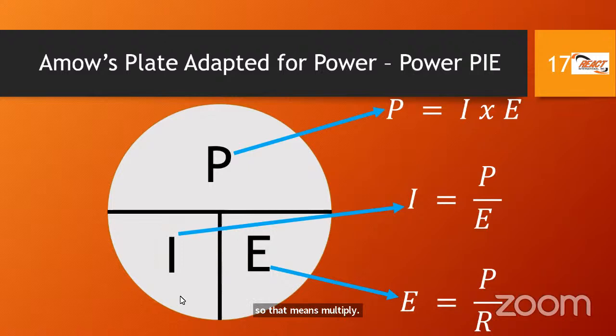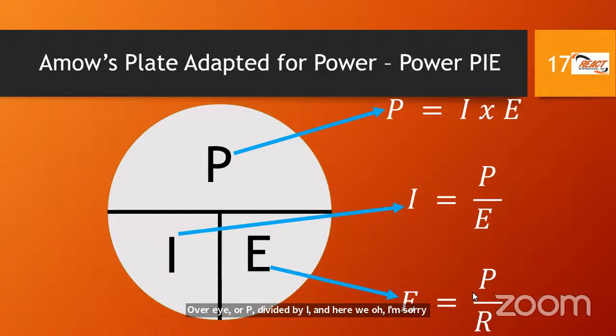And then if I want to find out what I is, I want to see I is equal to something. Well, I is equal to P, and P is on top of E. And P on top of E means P divided by E. So I is equal to P over E. There we go. And what if I wanted to find out E? Well, E is equal to P over I, or P divided by I. And here I'm sorry, we have a little error on this slide, folks.